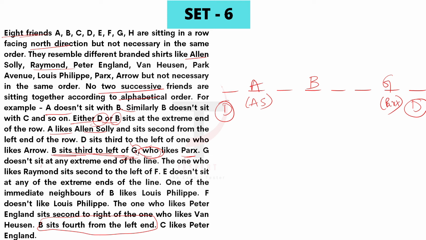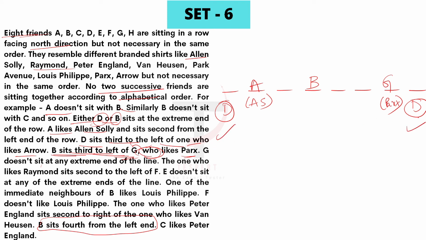Now it is given that D sits third to the left of one who likes arrow. If D must be arranged to the left of something, then it shouldn't be at right, right? So we know that the only two places D can take are either extreme right or extreme left.